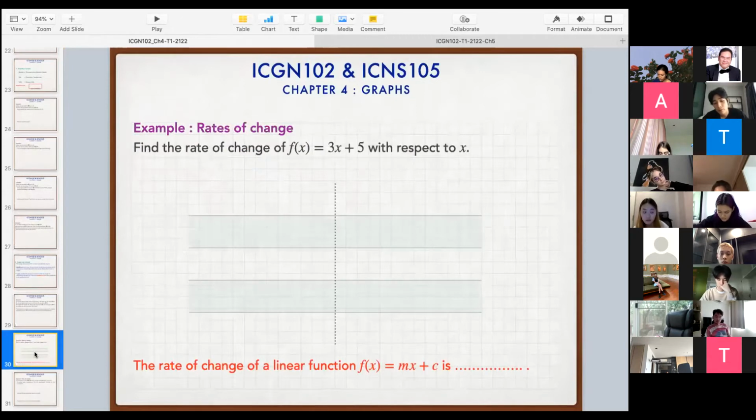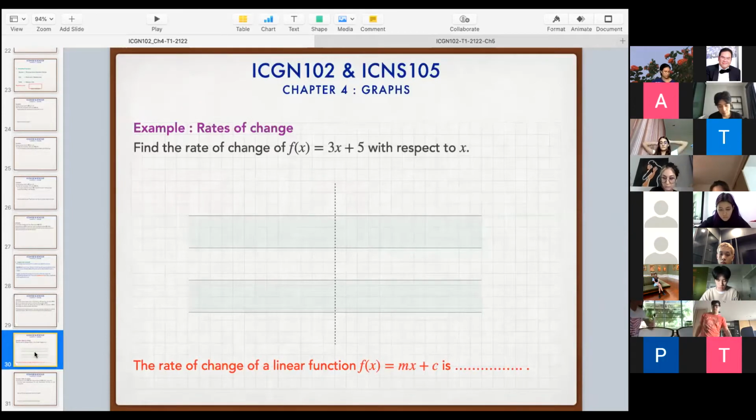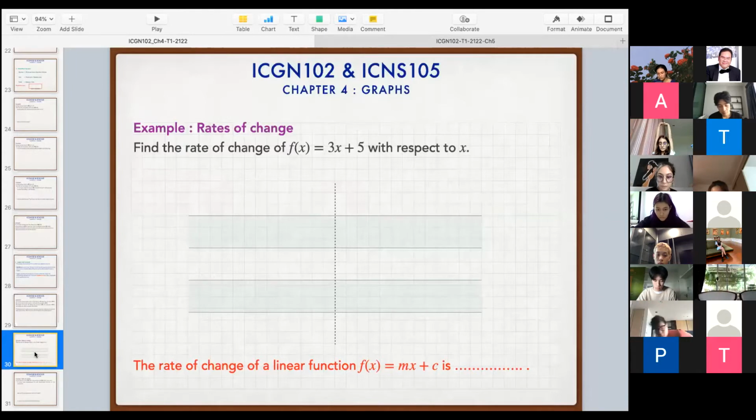When we would like to find the rate of change, we see the relationship and the changes between x and y. When x is changed, what will happen to y? So in this one, I write x and y on each side of the table so that I can compare the difference.